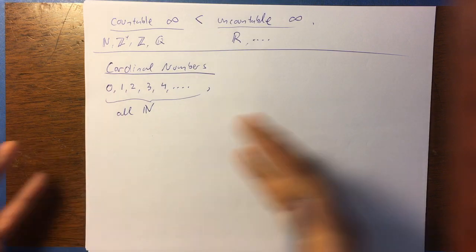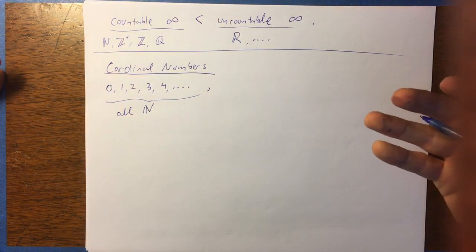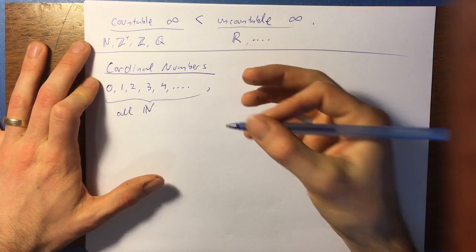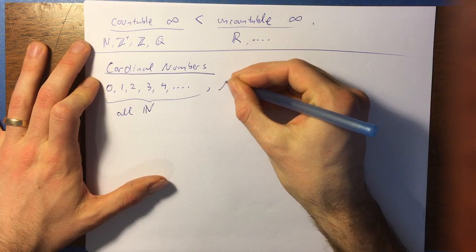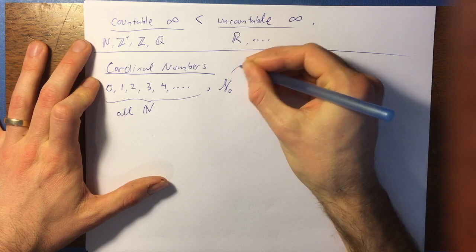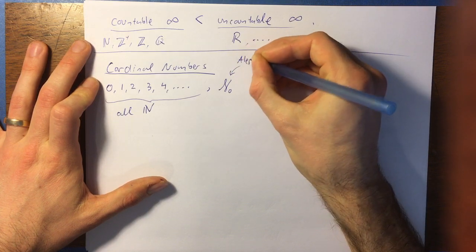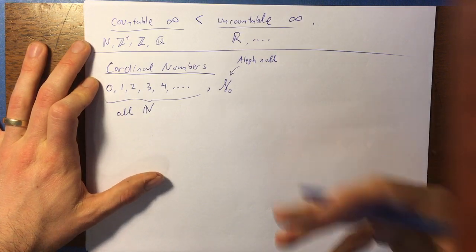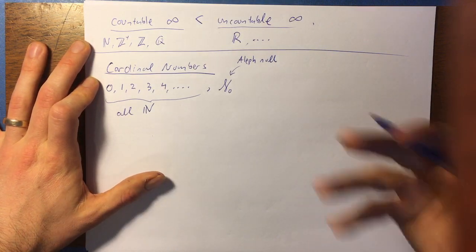But after all of those finite cardinalities, you have the infinite cardinalities, and the smallest possible infinite cardinality is called Aleph null. Aleph is the first letter of the Hebrew alphabet, and it is used to represent the smallest possible infinite cardinality.